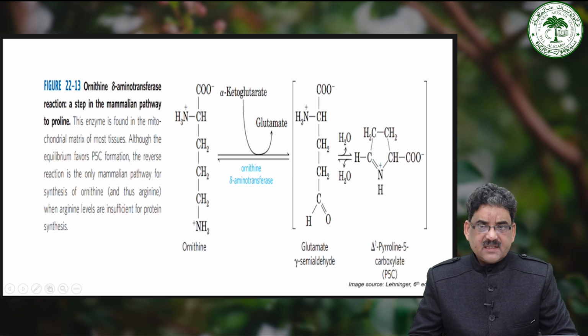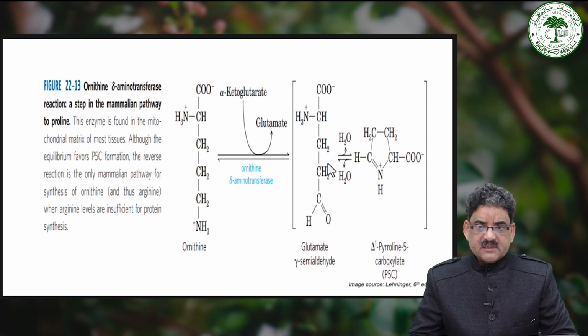So, as illustrated in the figure, the ornithine undergoes conversion to glutamate gamma semialdehyde through the action of the ornithine alpha aminotransferase enzyme.